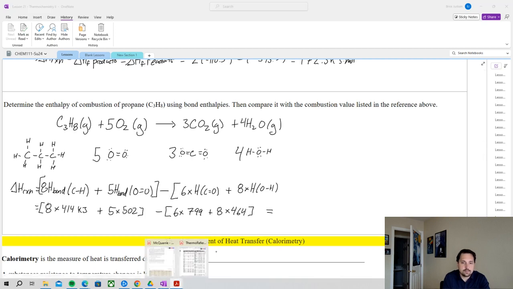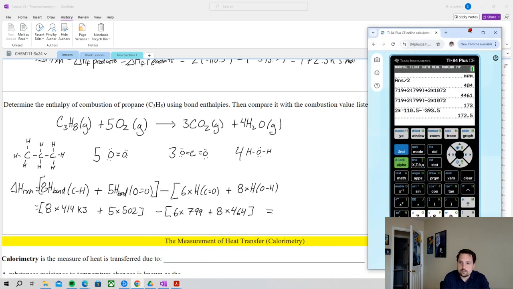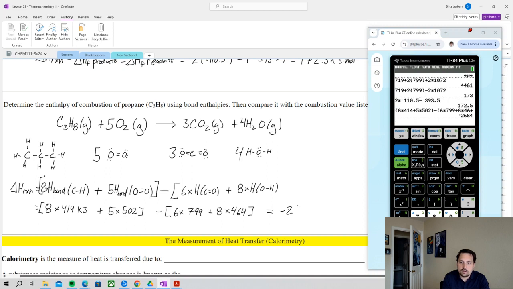Cool. Let's see what we get. We get negative 2,684 kilojoules per mole of propane.